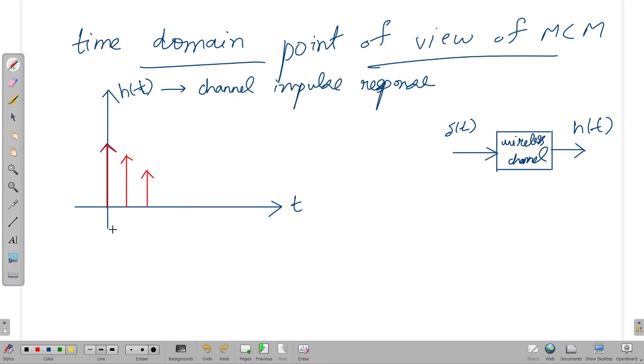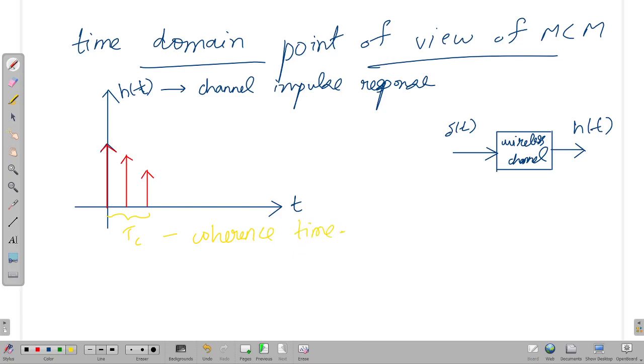You take only the most significant copies, and this is going to be your delay spread, or the coherence time. The signal is almost constant along this time. So this is your Tc, which is the coherence time.